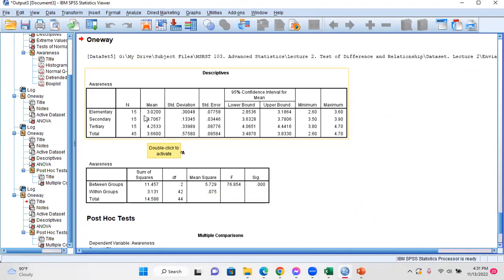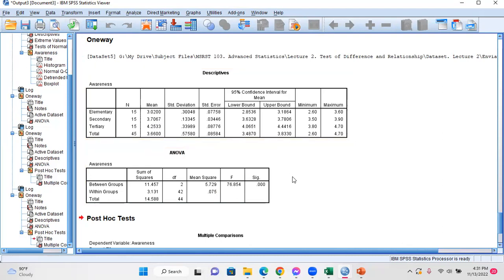Ayan. So, tingnan natin sa mean. Sino ang mas pinakamataas na environmental awareness? Tertiary. Then followed by secondary and elementary. So, tingnan natin ang post hoc.